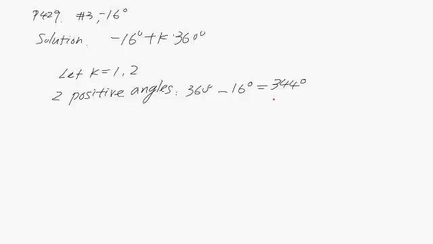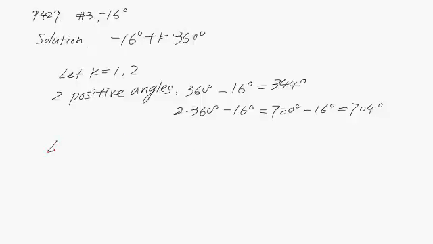So 344 degrees is coterminal with this negative 16 degrees. Another one is 2 times 360 degrees minus 16 degrees. Then you have the 720 degrees minus 16 degrees. Then this is equal to 704 degrees, which is also coterminal with this negative 16 degrees.